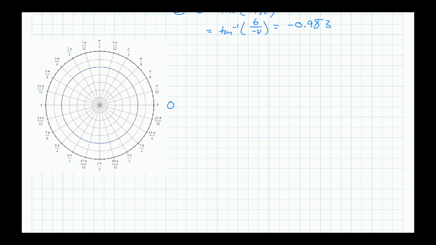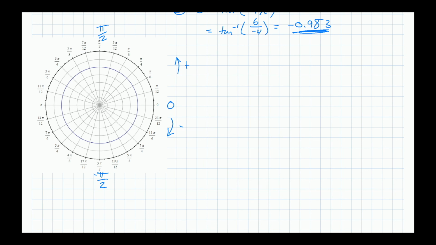Down here is 3 pi over 2. But 3 pi over 2 is also negative pi over 2, right? Because you have positive pi over 2 up here. Negative pi over 2 is the opposite direction. So that's positive, remember, and that's negative.